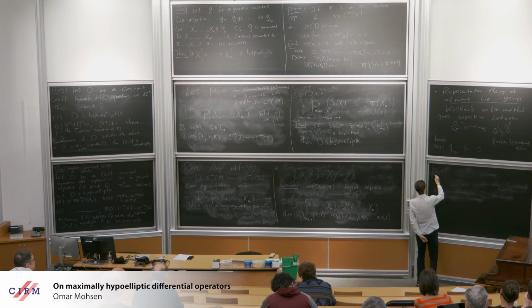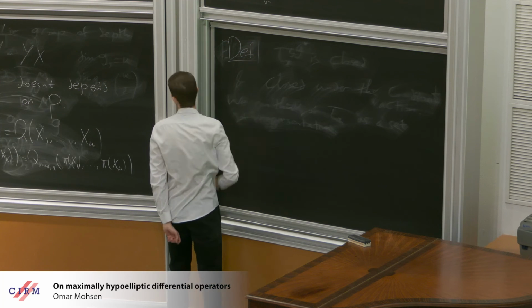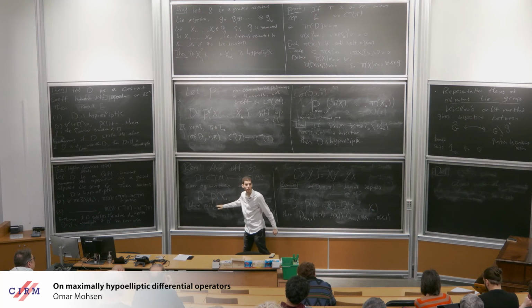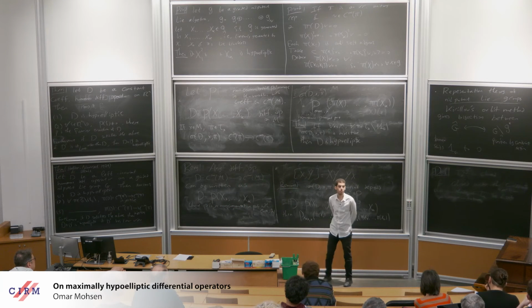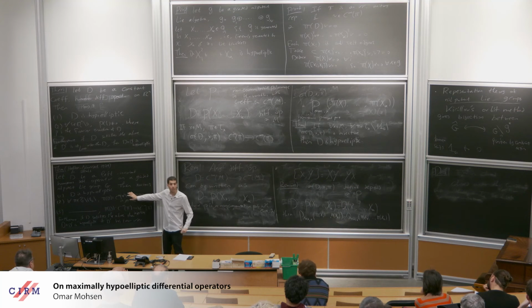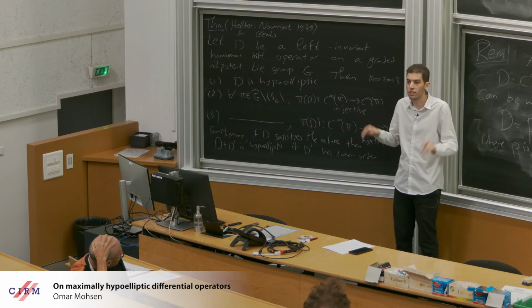So by this remark, any differential operator, I can write it as a polynomial in the vector fields. And so remember that here, when I talked about the order, I didn't mean the order of the differential operator in the usual sense. I meant the order with respect to the homogeneous action. Here on the manifold, of course, I don't have any homogeneous actions.